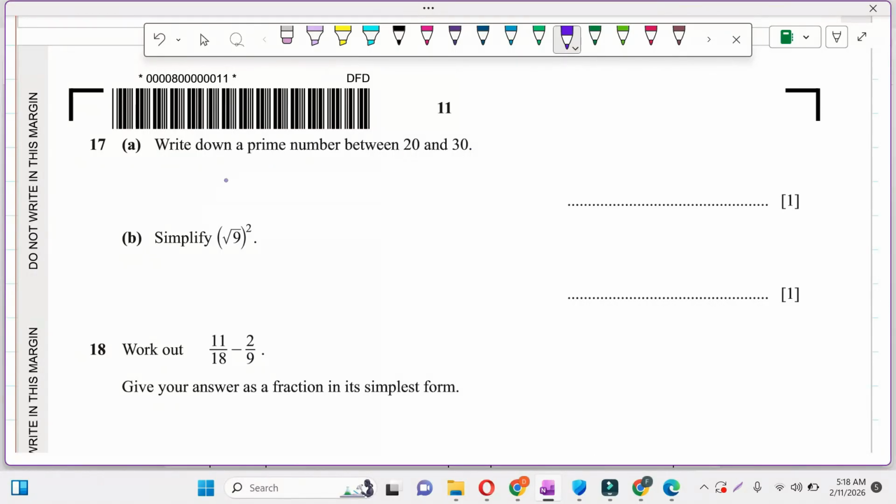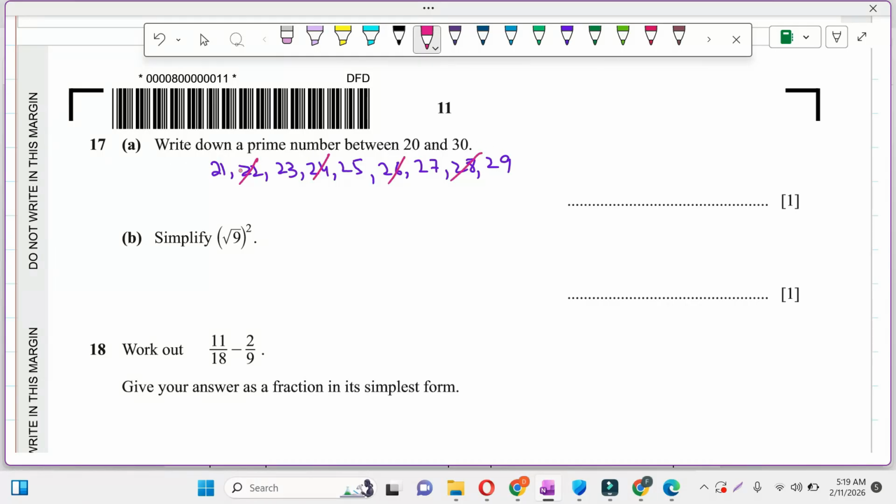Now question number 17, write down the prime numbers between 20 and 30. Okay, first we write the numbers between 20 and 30, which are 21, 22, 23, 24, 25, 26, 27, 28, 29. First we eliminate the even numbers because they are divisible by 2.